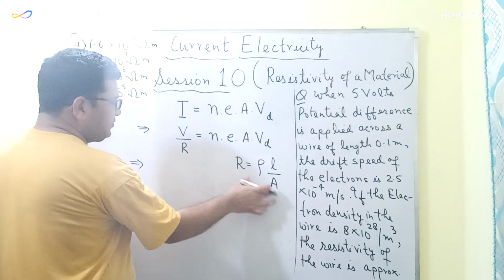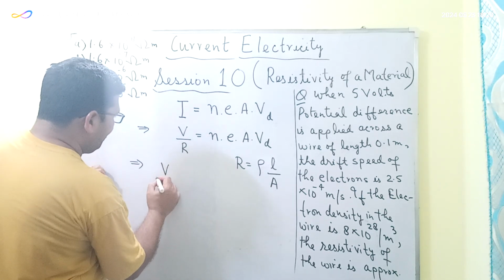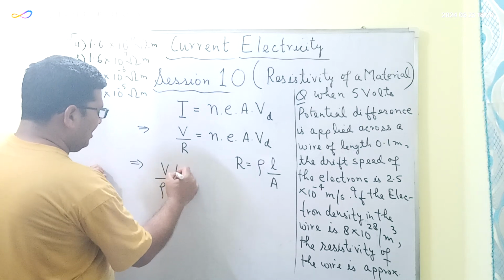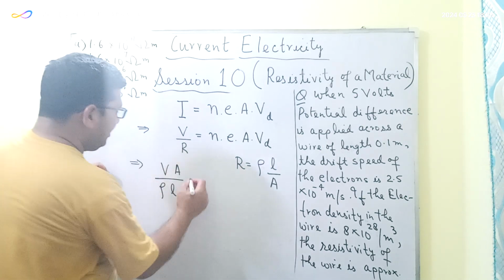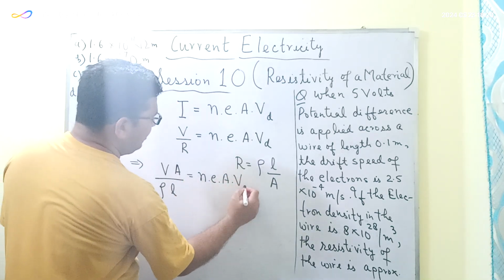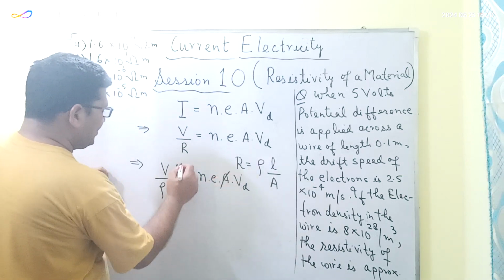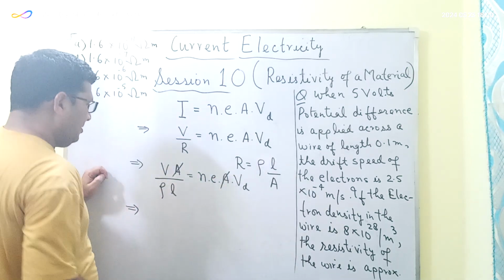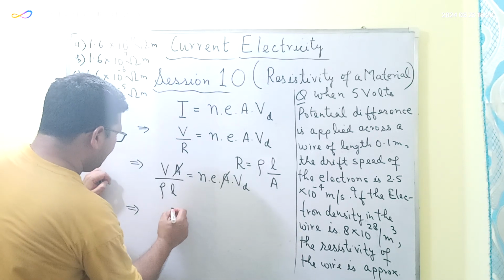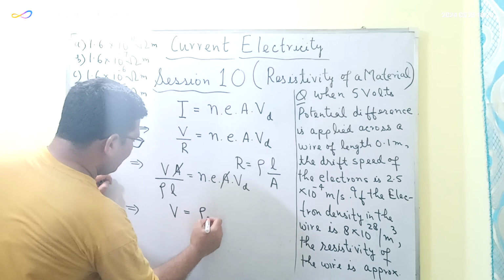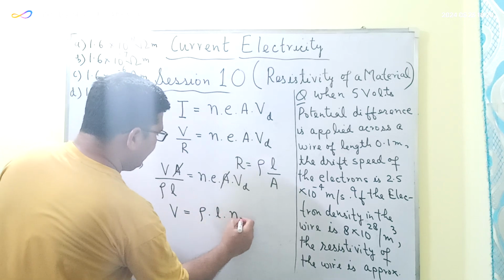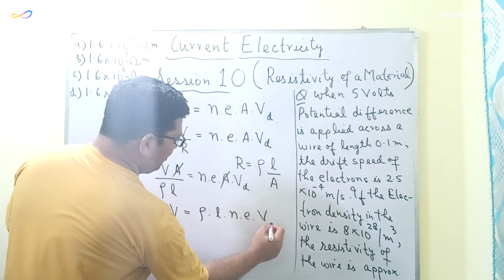So I get V divided by rho L upon A, and this A will come in the numerator, and this will be equal to N E A Vd. From here, the A and A get cancelled out, and I get V is equal to rho into L into N into E into Vd.